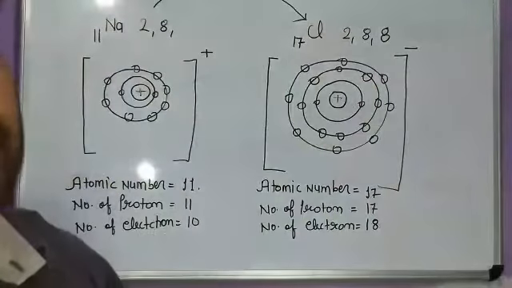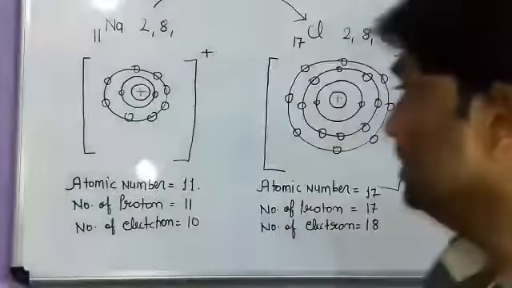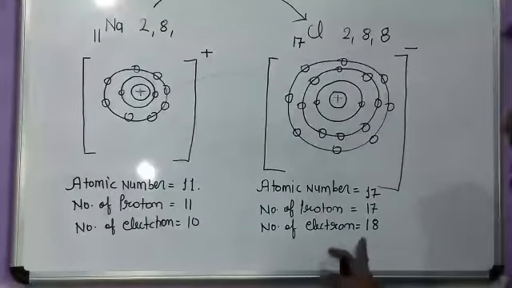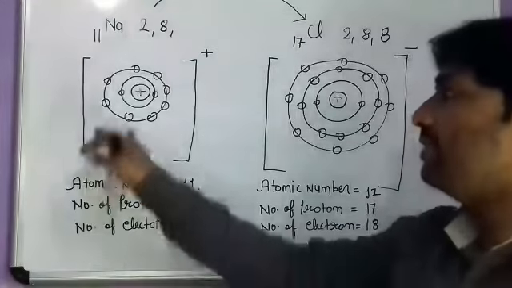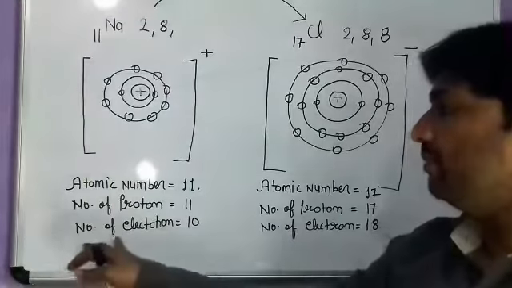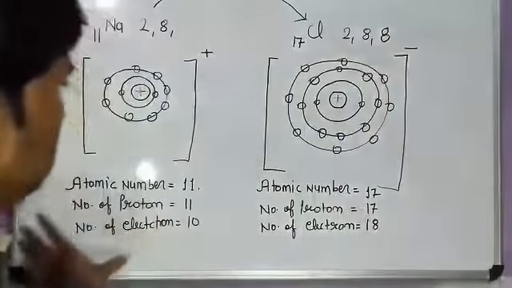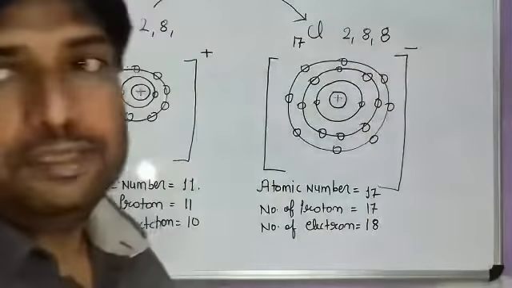After gaining, chlorine has 18 electrons, and after donating, sodium has 10 electrons. Is it clear? So sodium gets 1 positive charge and chlorine gets 1 negative charge.